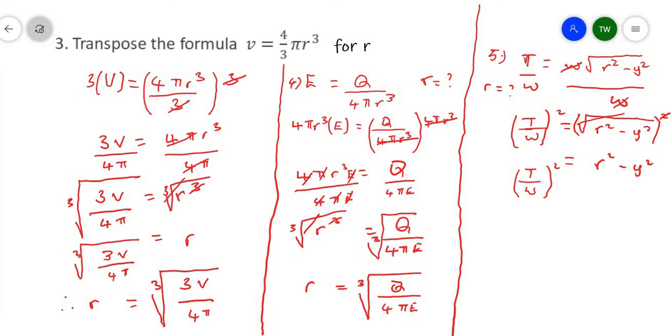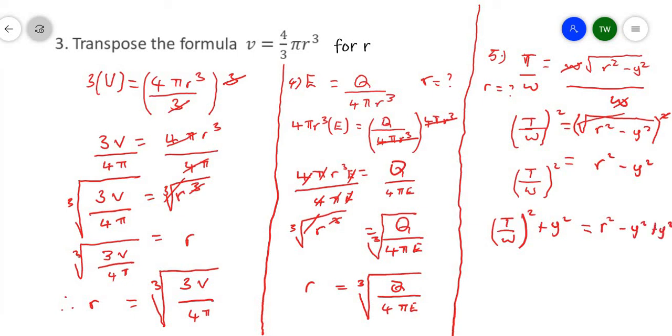So it's going to be T over W all squared plus Y squared is equal to R squared minus Y squared plus Y squared.